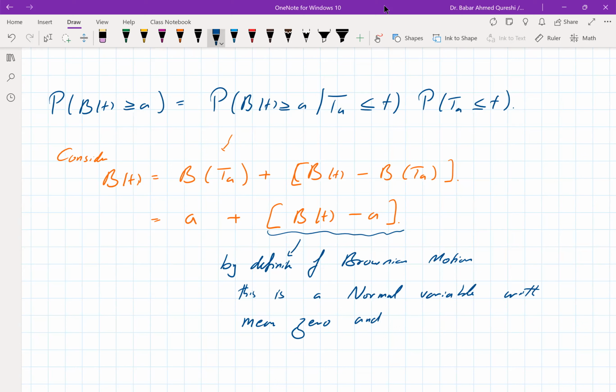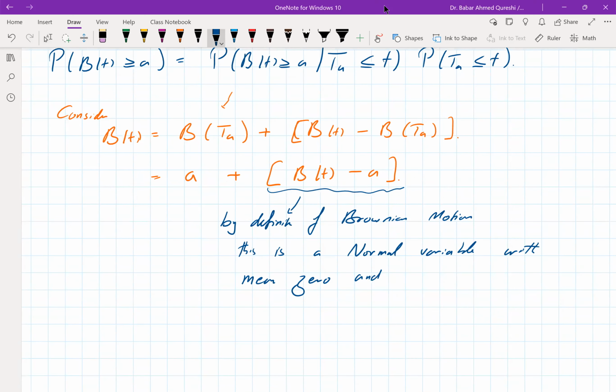variance, whatever this is, sigma square.